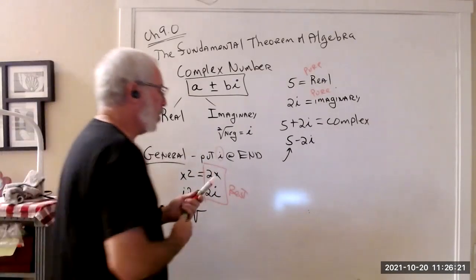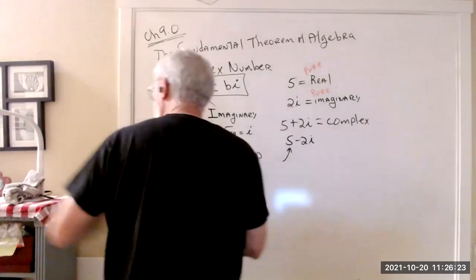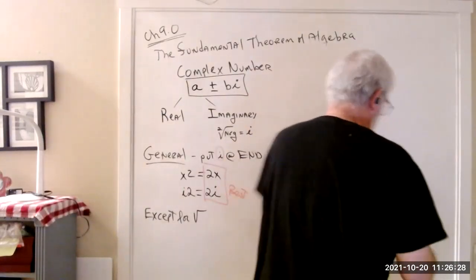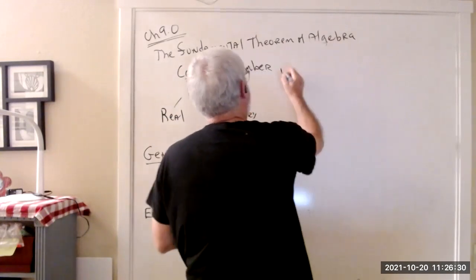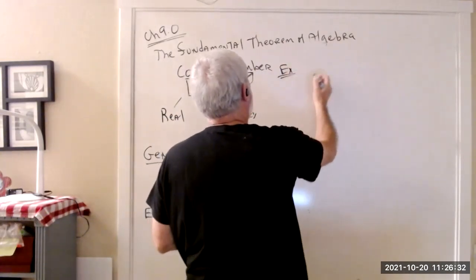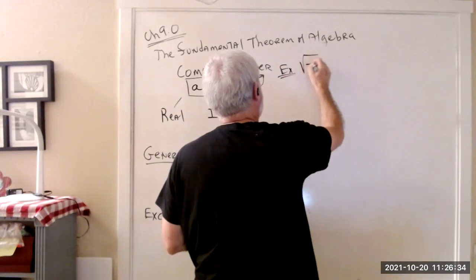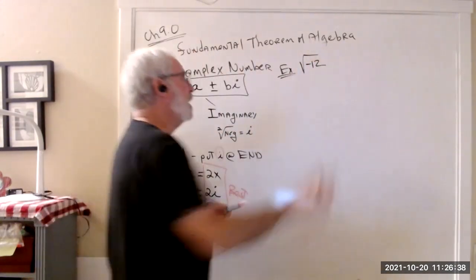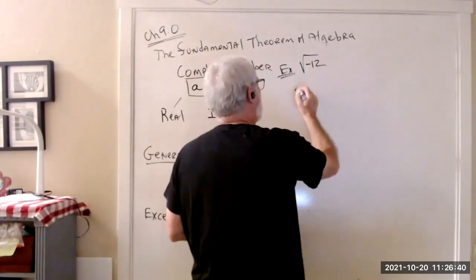If you recall, I just did a problem a second ago where I had the square root of -12. The first thing I did is I took the i out.